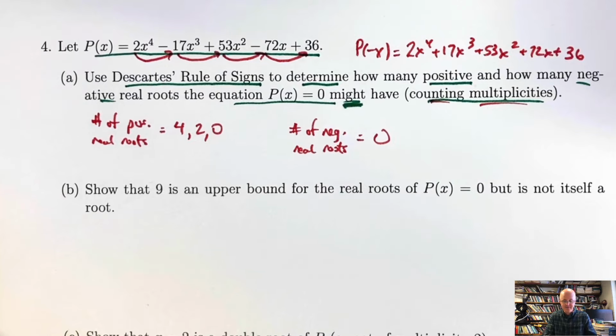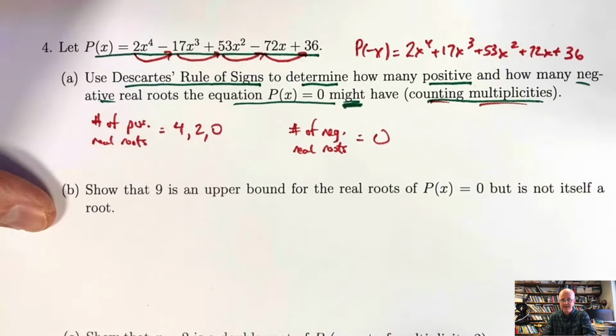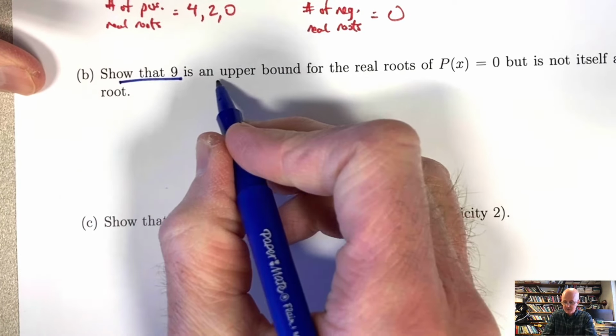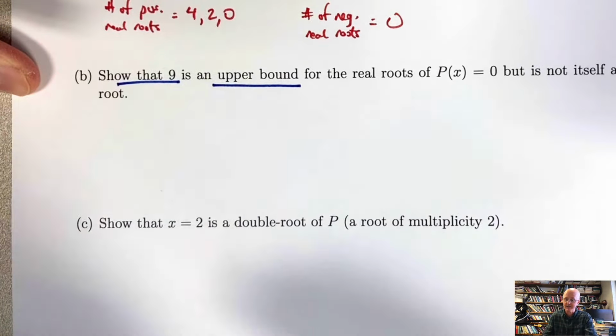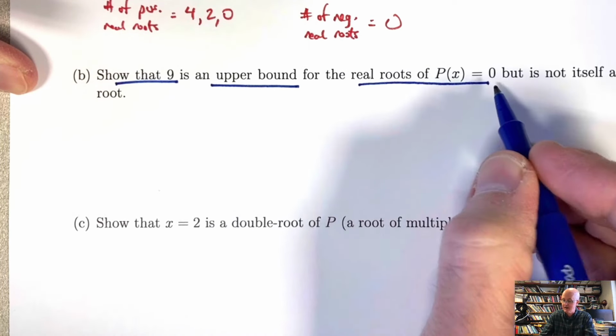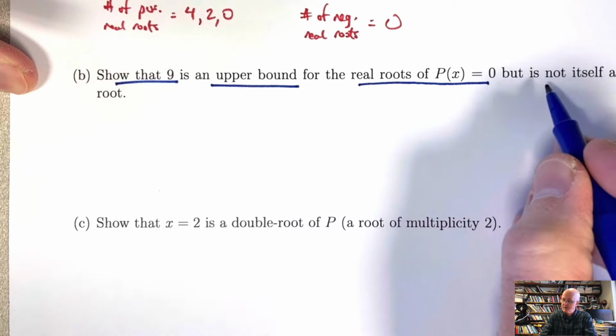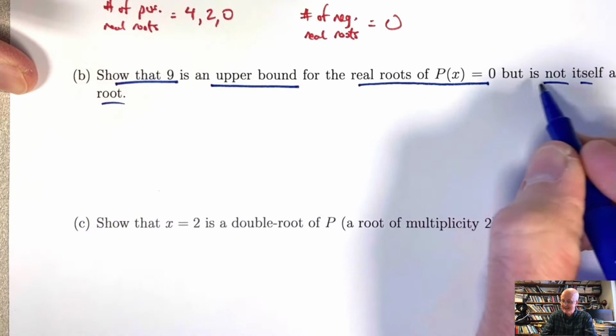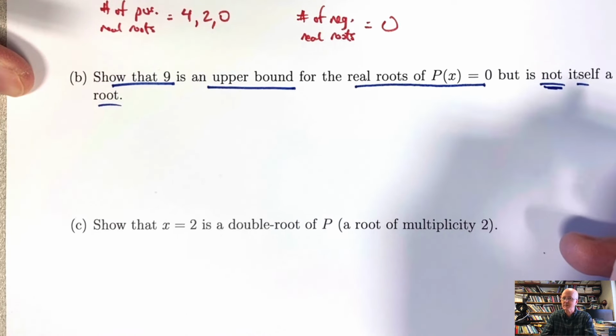All right, next part B says, show that the number 9 is what's called an upper bound, bigger than any other number that is a root of this polynomial. Also, 9 itself is not a root. So what should we do here?